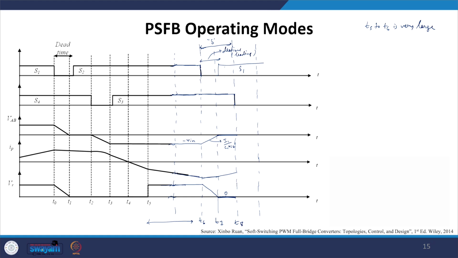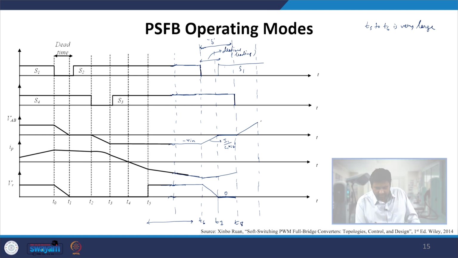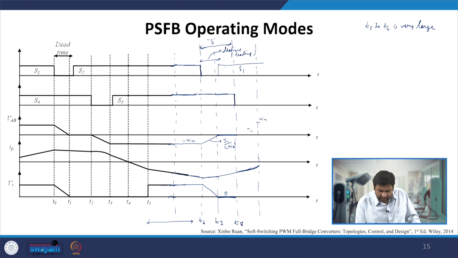The leakage inductance L will now be resonating with C3 and C4, and as a result this voltage is minus Vc3, so VAB is equal to Vc3. That is when VAB will be rising until it reaches the Vin voltage. During that time the current has a sinusoidal variation and keeps rising till this point.